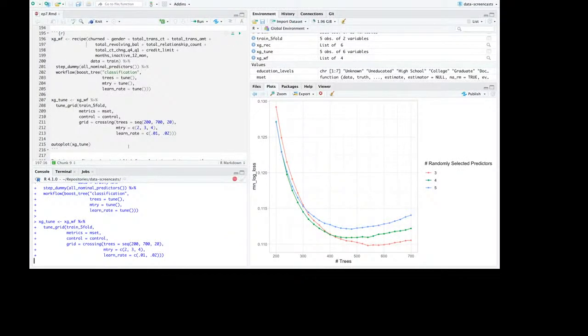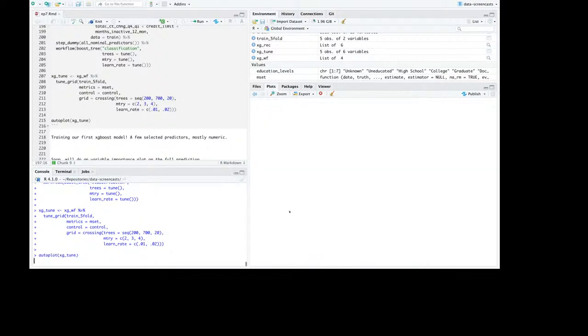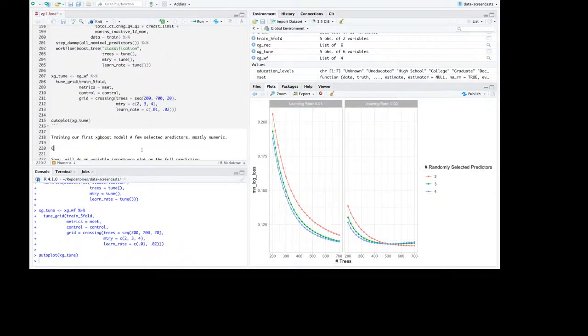That one I'll do EDA, and yeah, this one I doubled the number. I'm doing like 0.01 and 0.02 for my learn rate. I'm trying a few things. So about 0.11. Yeah, I'll need more trees at 0.01, so I just don't love that. I'm going to stick around 0.02 for now.